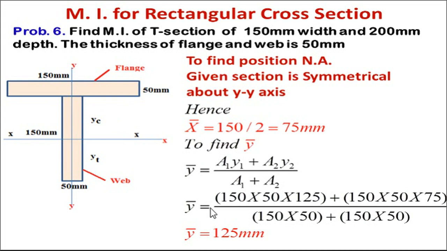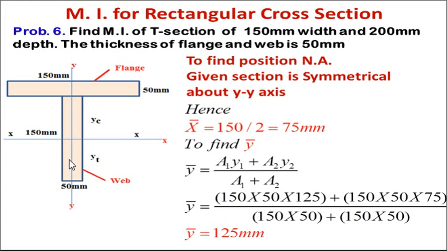So this y1 from the bottom, with area 150 into 50, is not 125. It must be 150 plus 25, which means 175. This ordinate should be 175. Y1 should be 175. Make that correction and do this calculation again. There will be a change in the result.